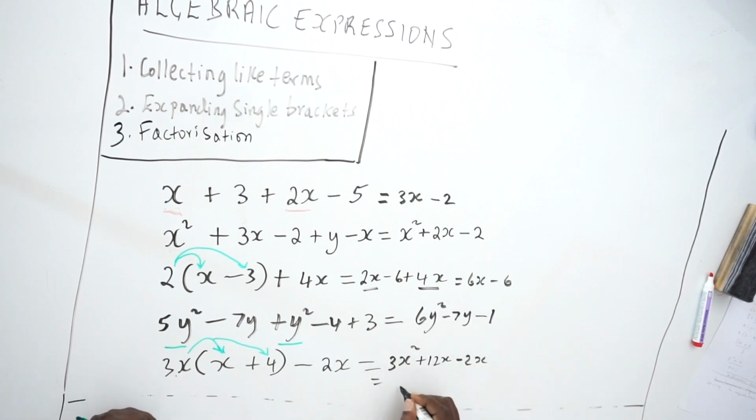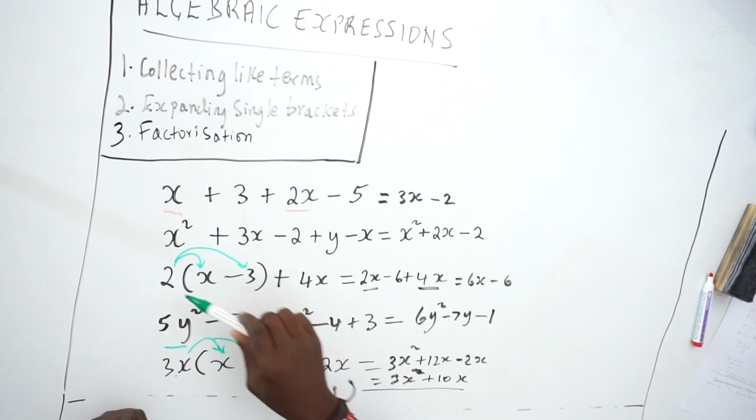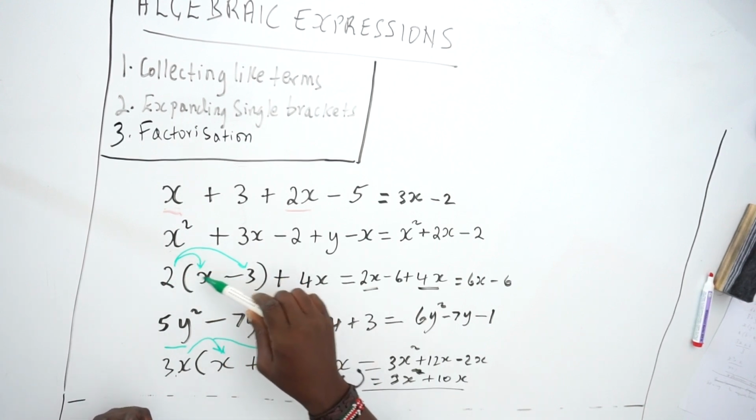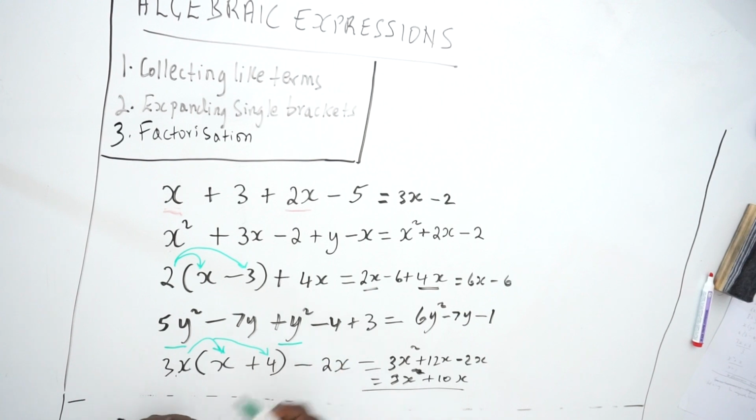Final answer will be 3x squared, and then 12x, we remove 2x from it, we get plus 10x. So this is how we collect like terms and expand brackets, particularly if they are single brackets. Always remember, the number outside multiplies the first term and then the next one. Very simple in terms of expanding of brackets.